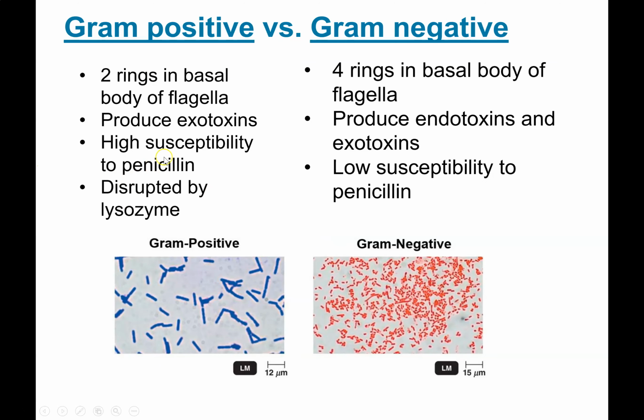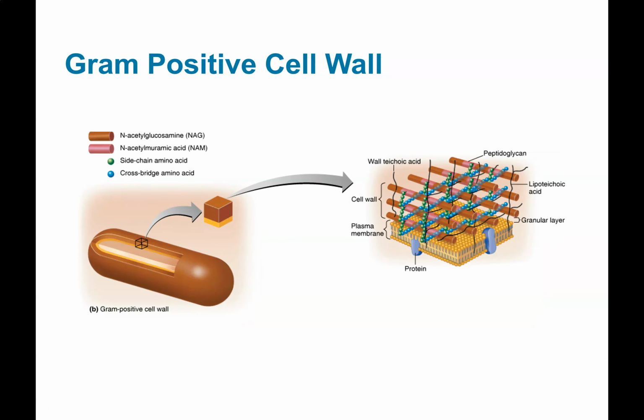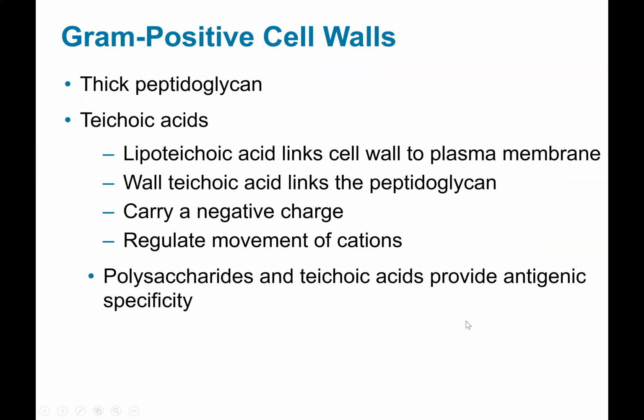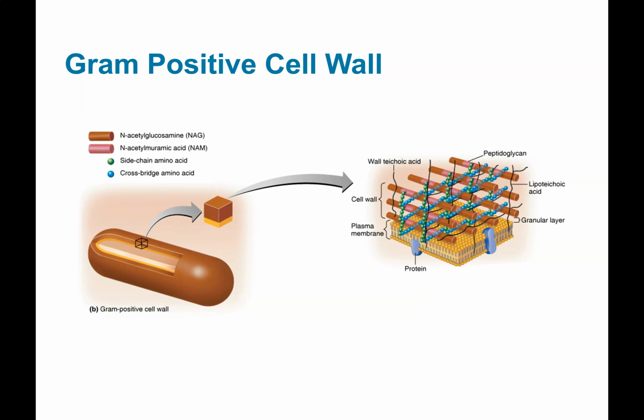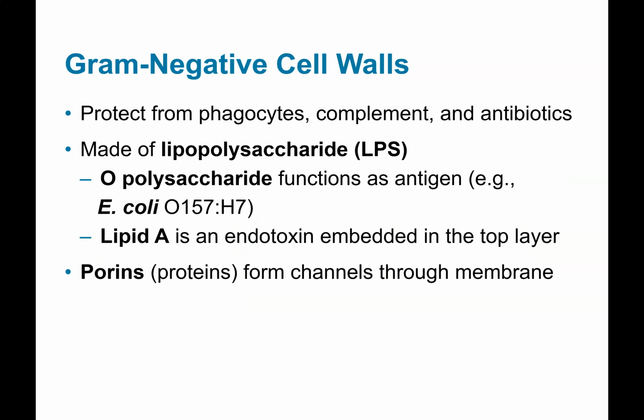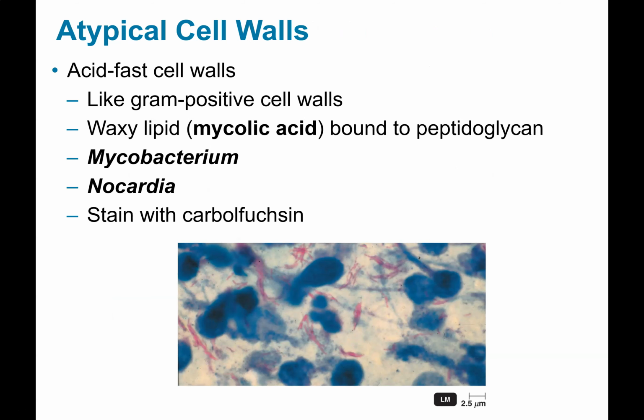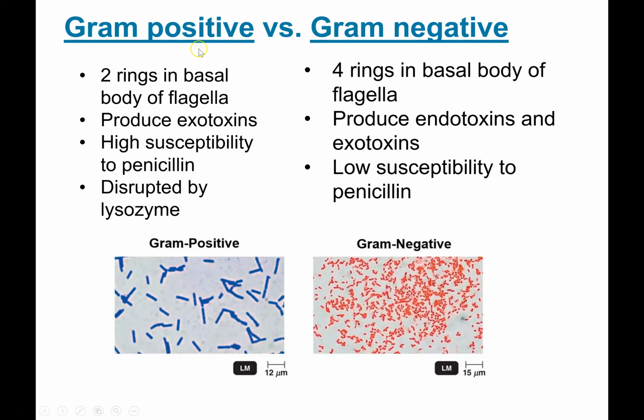So here's a side-by-side. These are some of the characteristics you would want to put on your Venn diagram for gram-positive versus gram-negative. Of course, you're going to want to have some of the details of teichoic acids and things like that, as well as these characteristics here, okay?